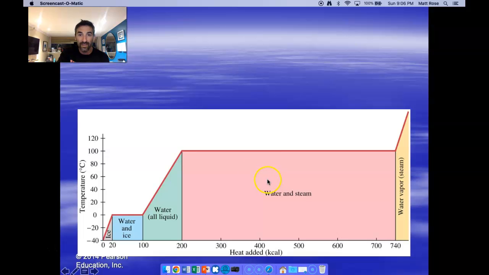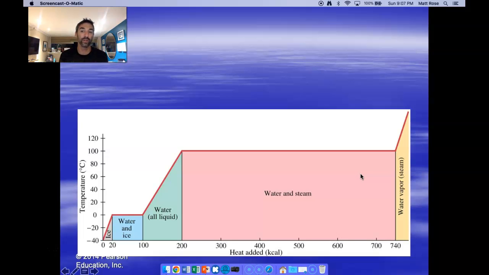So all of this energy is when the water is boiling. So I'm adding more energy, more energy, more energy. No matter what you do, liquid water cannot be hotter than 100 degrees Celsius or 212 degrees Fahrenheit.